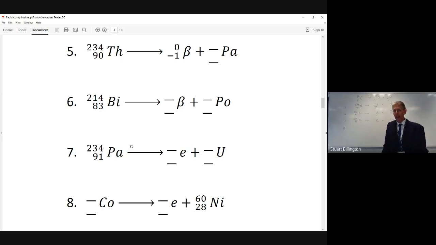That's all that happens. So all you've got to do is make the protons go up by 1. So what are the numbers that I'm going to write on those lines? Just make the protons go up by 1. 234 and 91. Thank you very much.